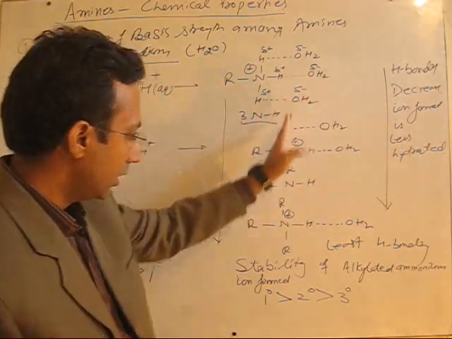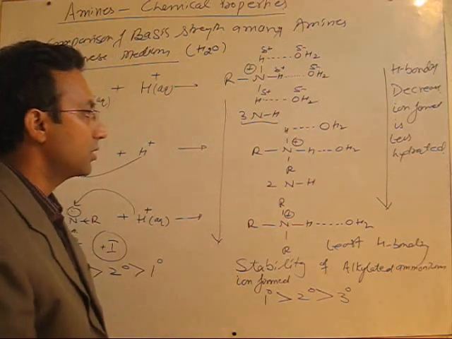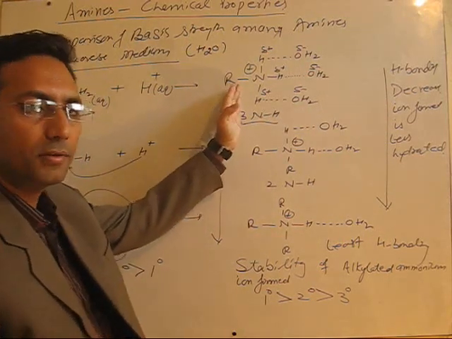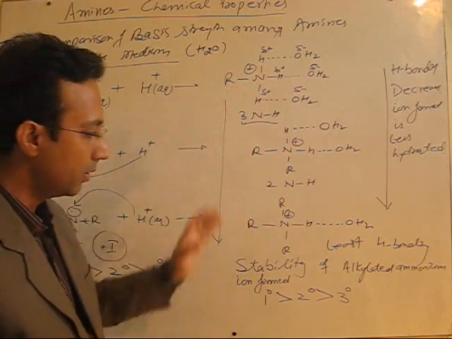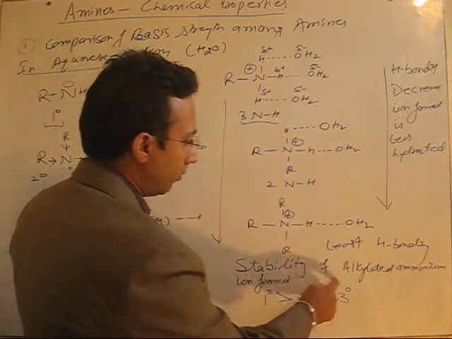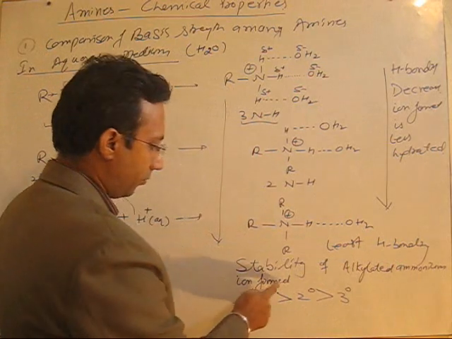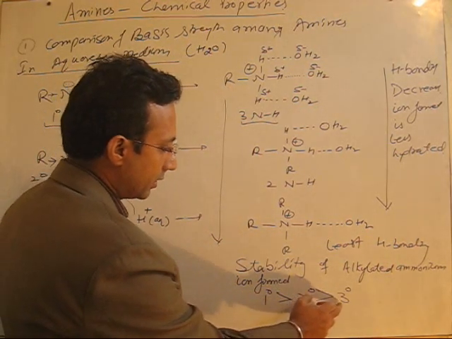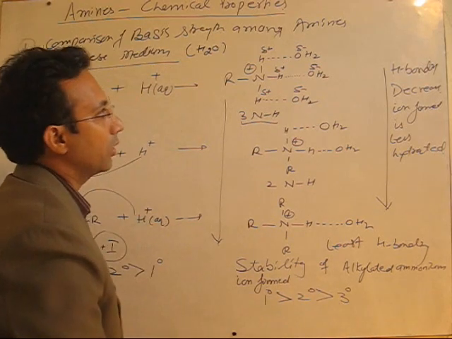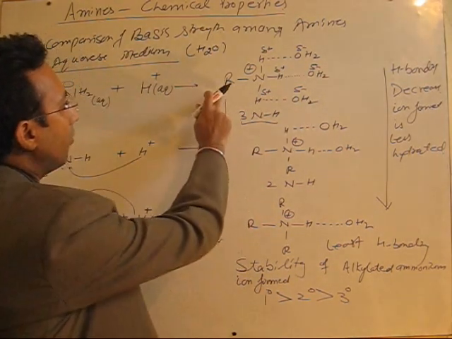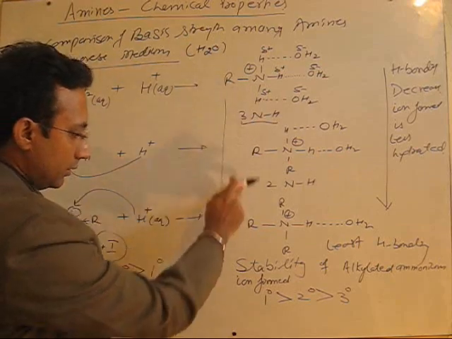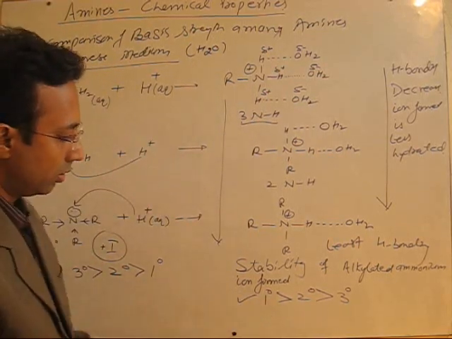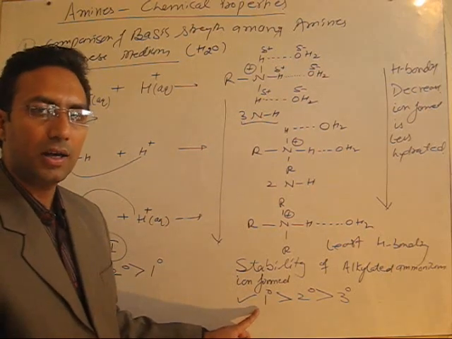On the basis of stability of the alkylated ammonium ion formed, primary is more stable than secondary than tertiary. So the order of basic strength according to H bonding will be the same as the order of stability of the conjugate ion.